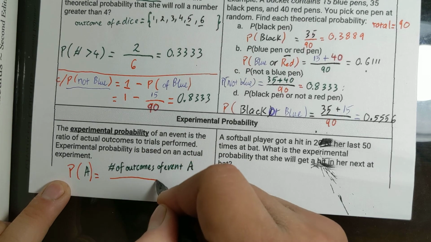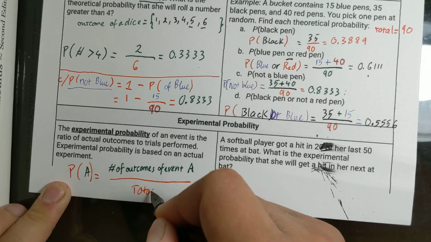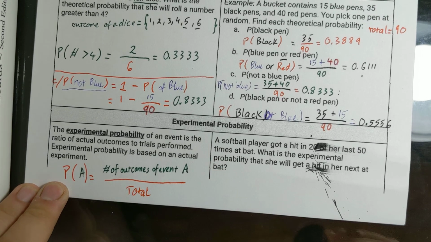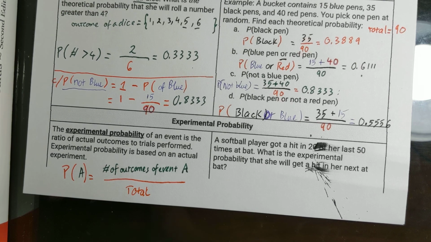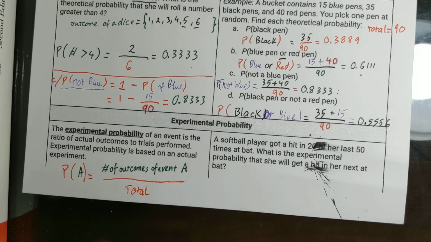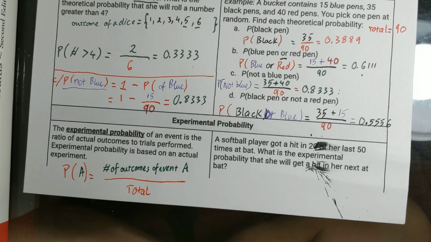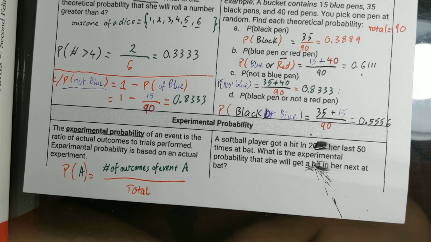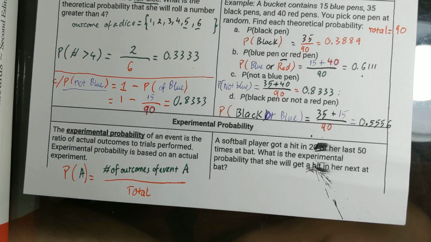It doesn't change at all. However, in experimental probability, sometimes it's going to be more, or maybe less, depending on the situation. It's exceptionally rare that the theoretical and the experimental are exactly the same. Super rare.